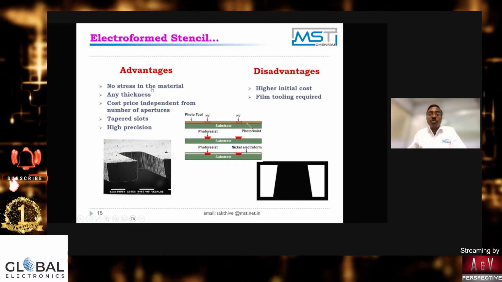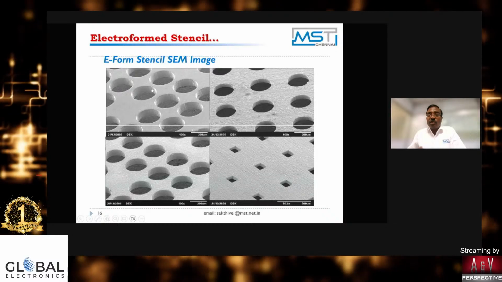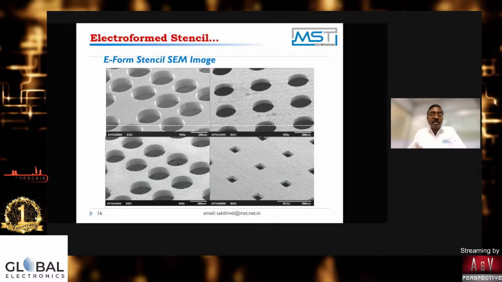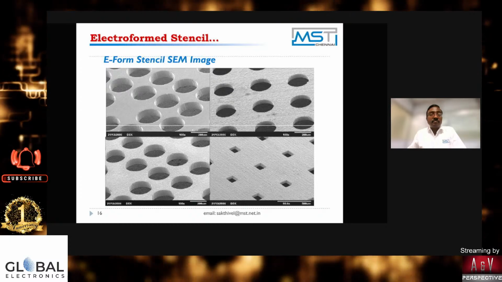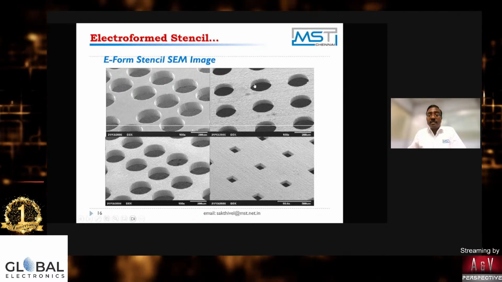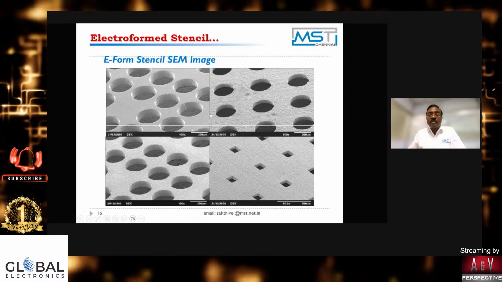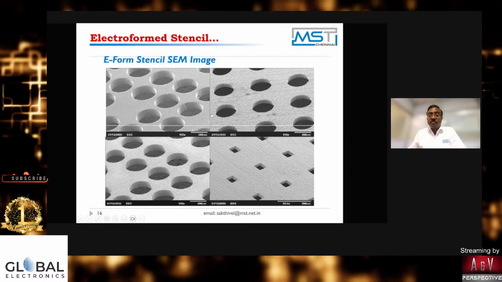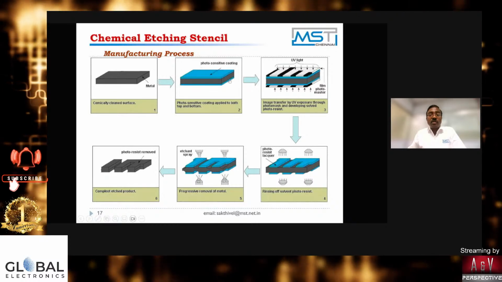But here there is no stress involved, whereas in other cases you need to apply energy to remove the materials. So this is the cutting quality of electroform stencils. You see the hole walls are much smoother.